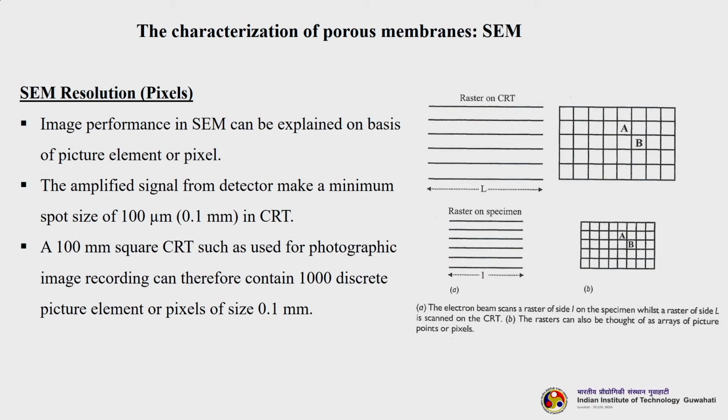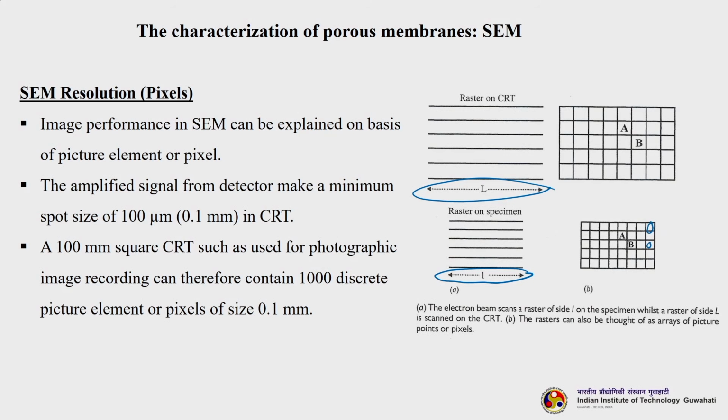The electron beam scans a raster of side L. This is the raster scanning of the specimen, and this is the scanning that is getting reflected on the surface of the CRT. The rasters can also be thought of as arrays of picture points or pixels. You can see that these are pixels.